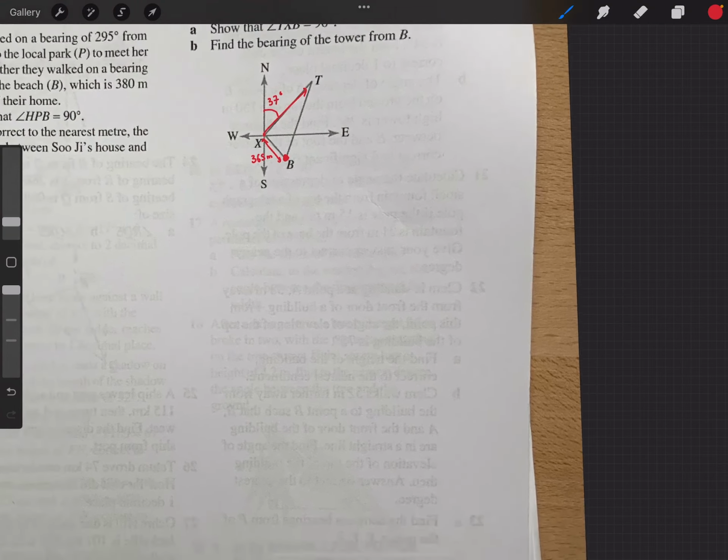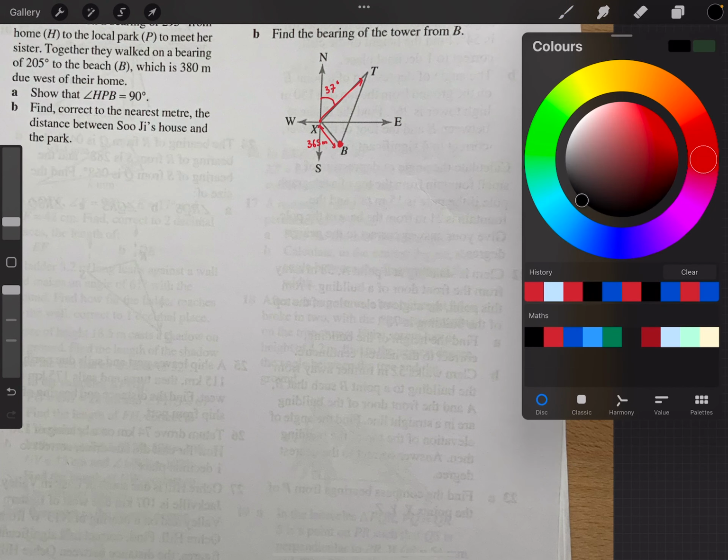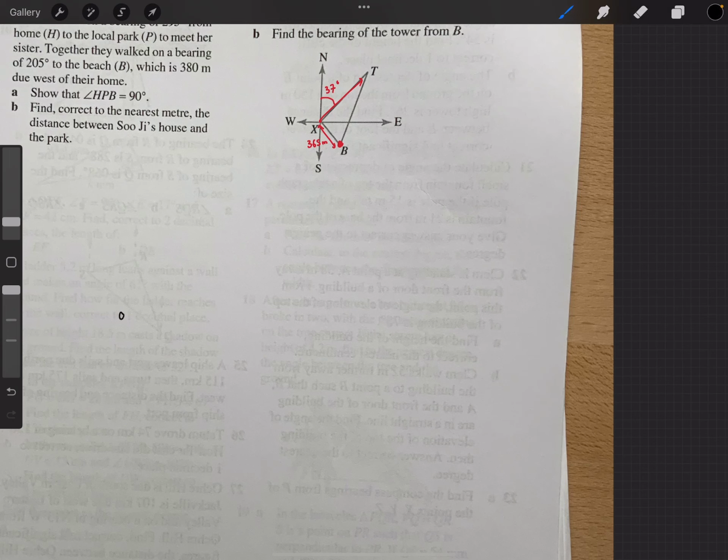Let me just redraw this a bit bigger. So you have X, some person standing at X, looking at the tower.